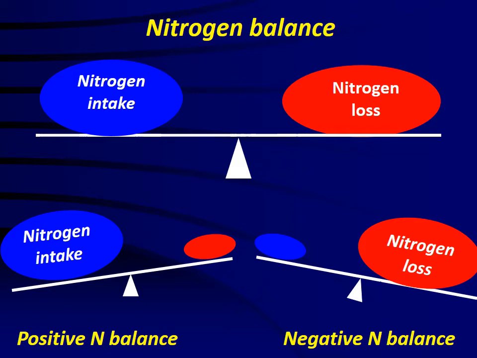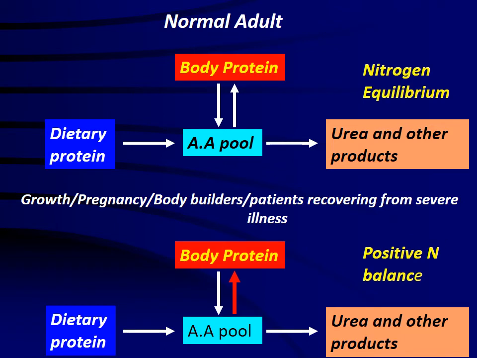If the nitrogen loss is greater than nitrogen intake, it is said to be negative nitrogen balance. In a normal healthy adult, the nitrogen intake is equal to nitrogen loss. That means a normal healthy adult is in nitrogen equilibrium.